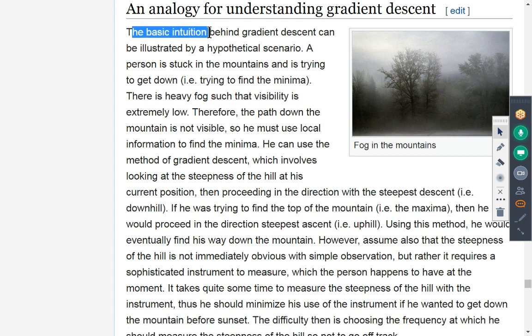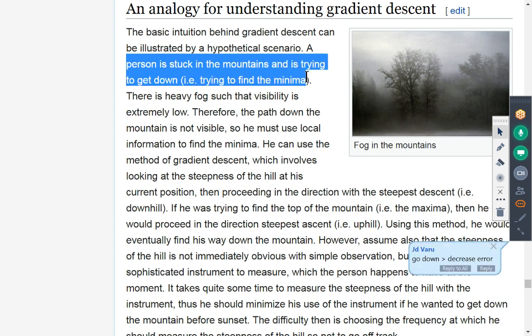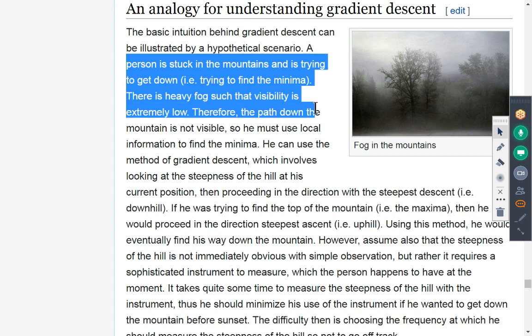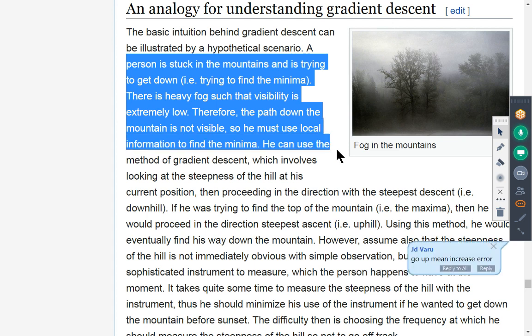The basic intuition behind gradient descent can be illustrated in a hypothetical scenario. A person is stuck on the mountain and is trying to get down, that is, trying to find the minimal point, the down station. There is a heavy fog such that visibility is extremely low. Therefore, the path down the mountain is not visible, so you must use local information to find the minimum.